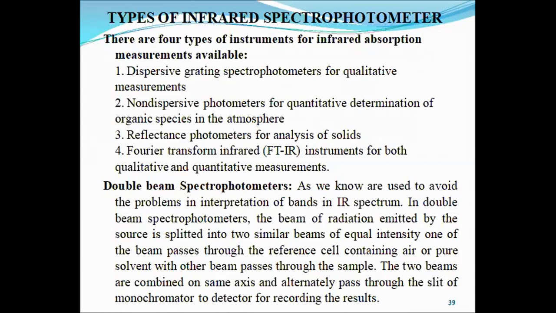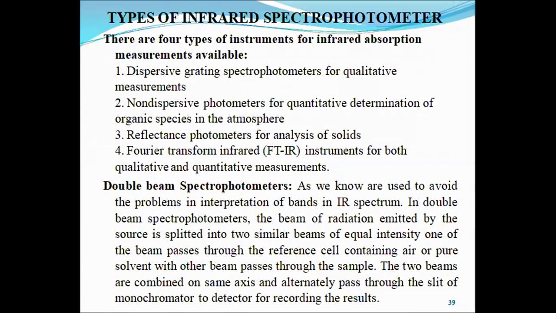In double beam spectrophotometers, we know that they are used to avoid problems in the interpretation of the bands in the IR spectrum. In a double beam spectrophotometer, the beam of IR radiation emitted by the source is chopped or split into two similar beams which have equal intensity.